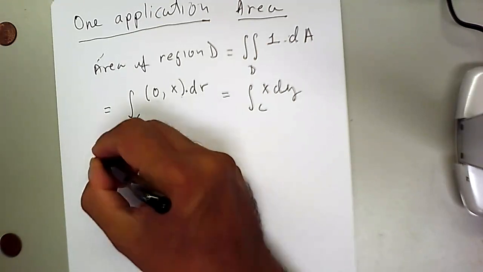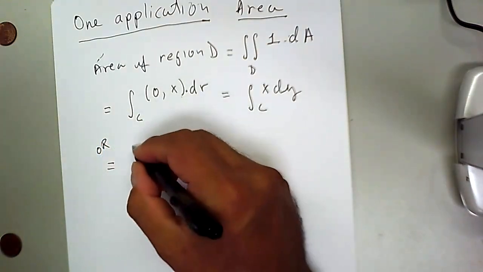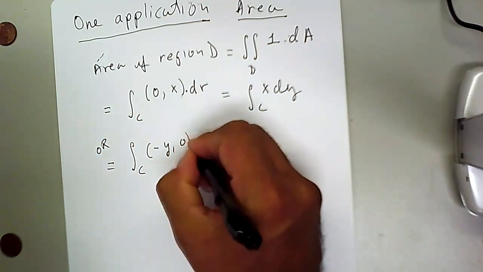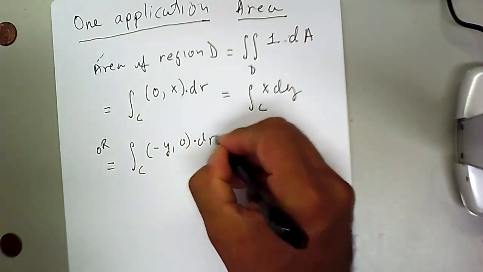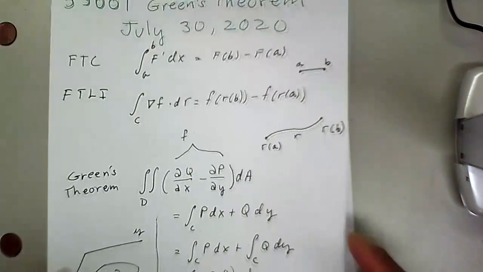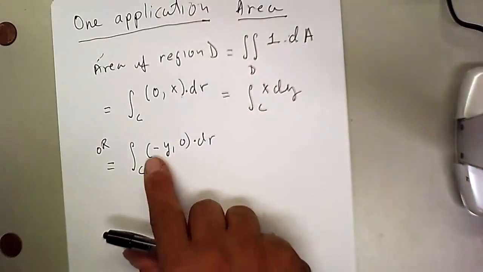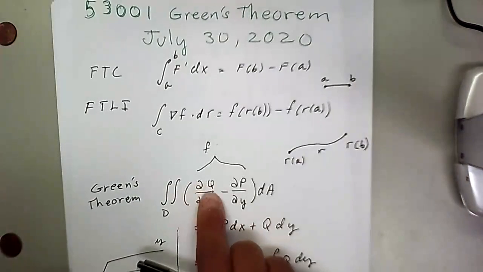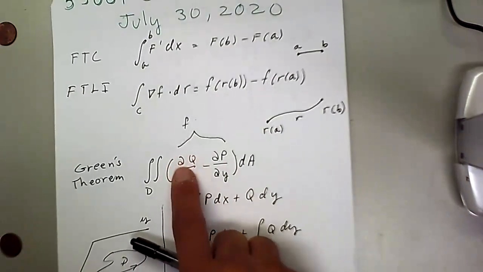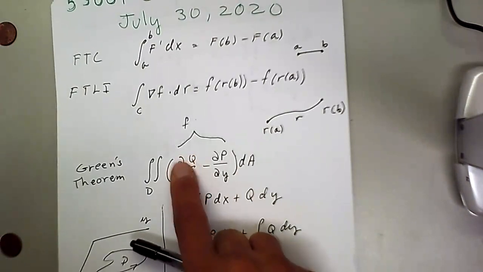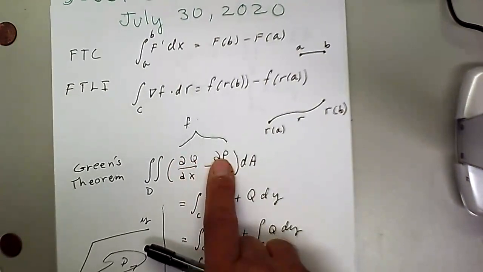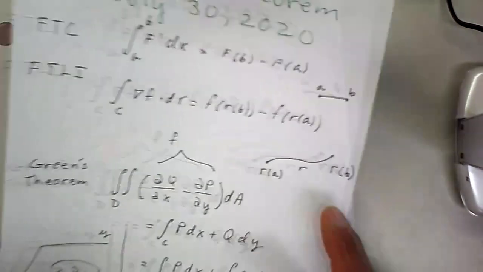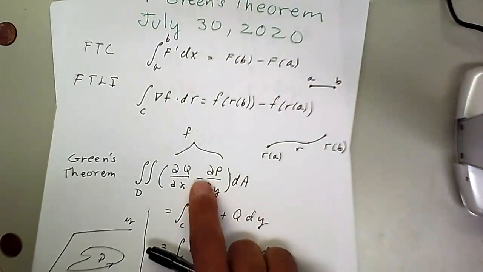Another way to do this could be to do negative y, comma 0. Green's theorem says, okay, so this is P and this is Q. So Q would be 0, so this portion does not contribute anything because we end up with 0 minus partial of P with respect to y. So that would be negative 1, but we are subtracting because Green's theorem says subtract.